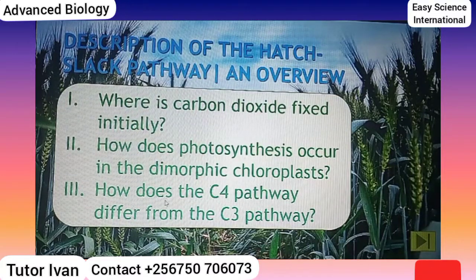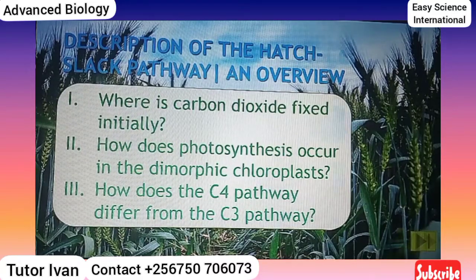Then another one is: how does the C4 pathway differ from the C3 pathway? Basically, a comparison shall be made after we look at this pathway and analyze it against the first pathway we looked at, that is the C3 pathway. Let's go.